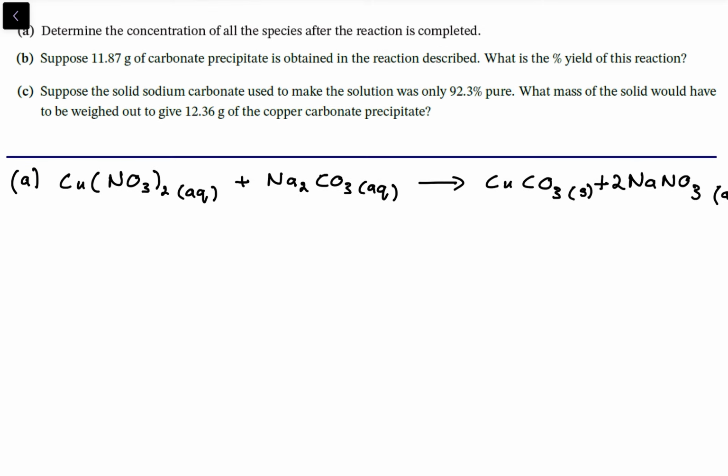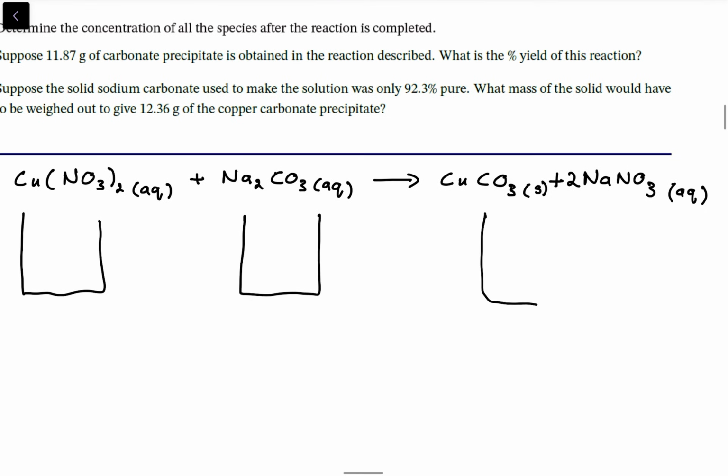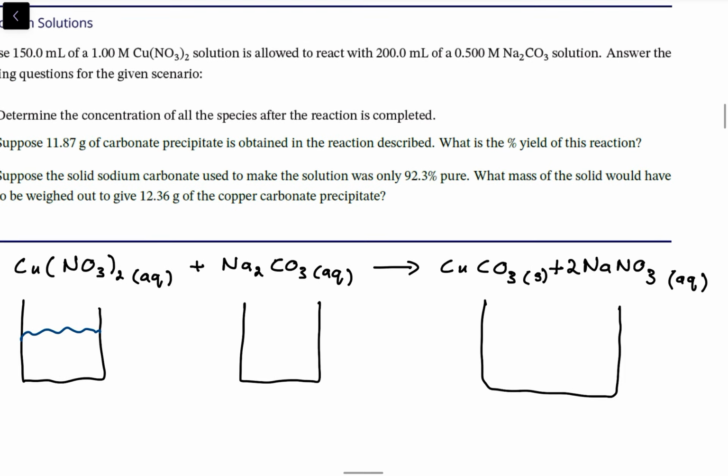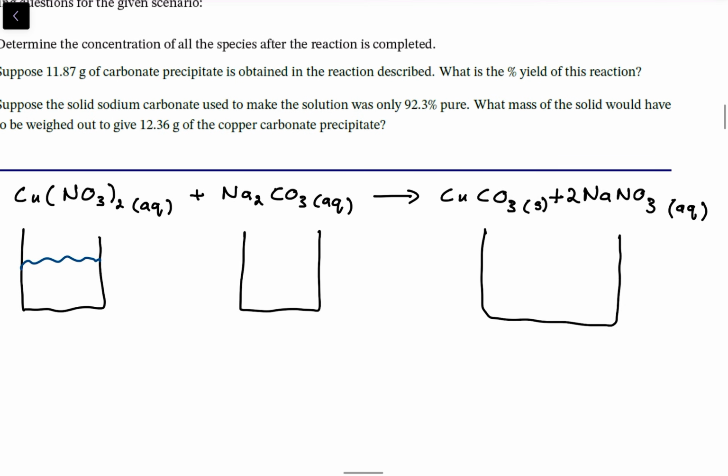So drawing it in picture terms, or pictorially, we have a situation as follows. We have our initial copper nitrate solution. It is 150.0 milliliter, 1.0 molar. Right, here are copper 2 plus ions, and we have nitrate minus ions.